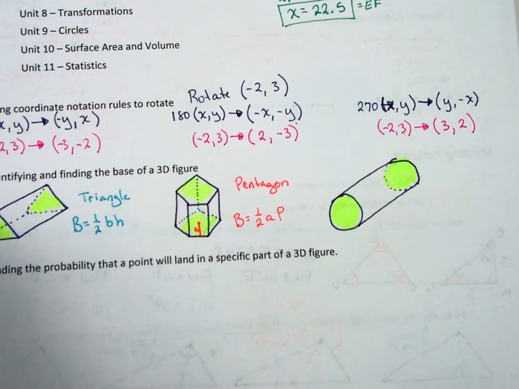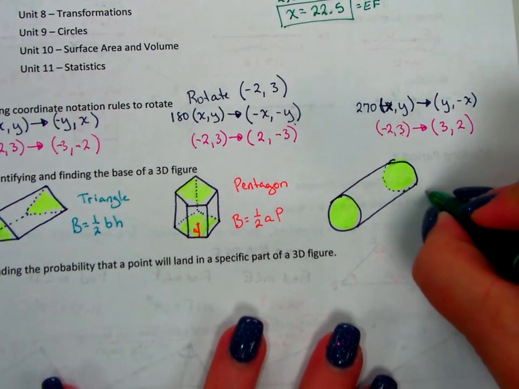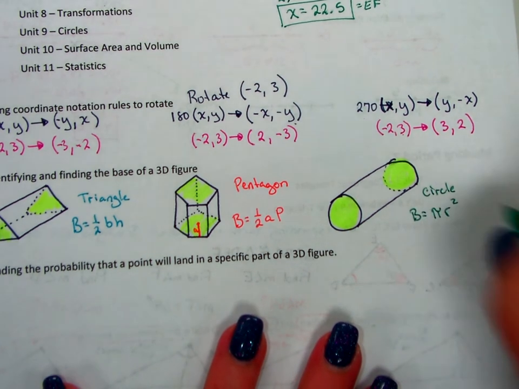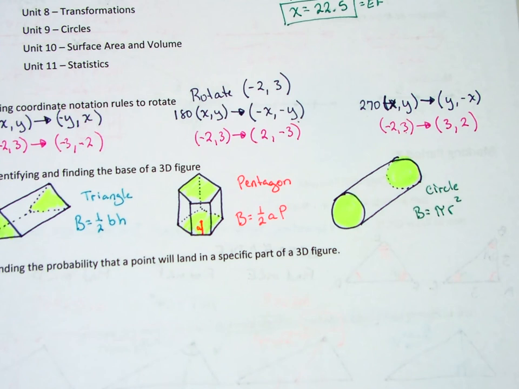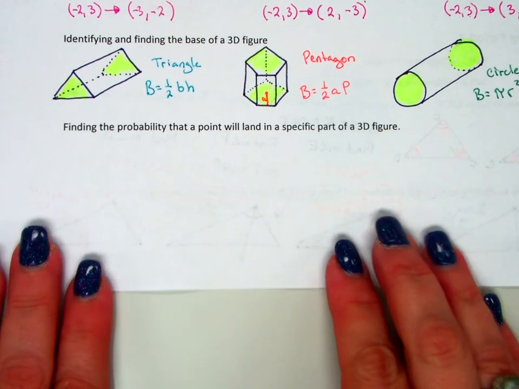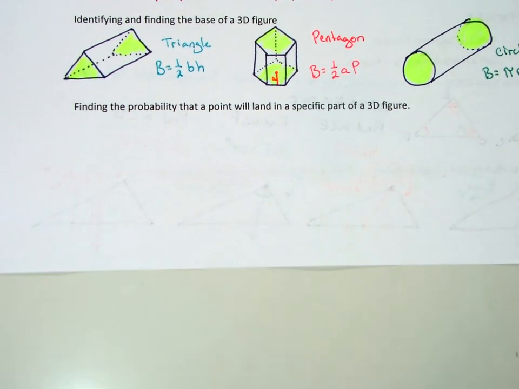What's the shape of my base? A circle. It's a cylinder. So the area of the base is pi r squared.